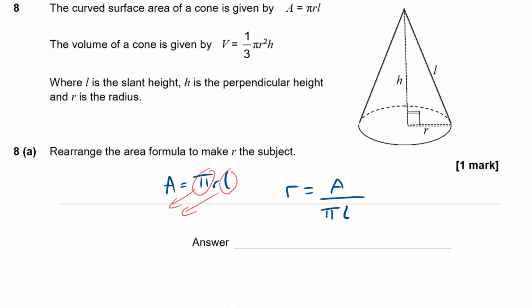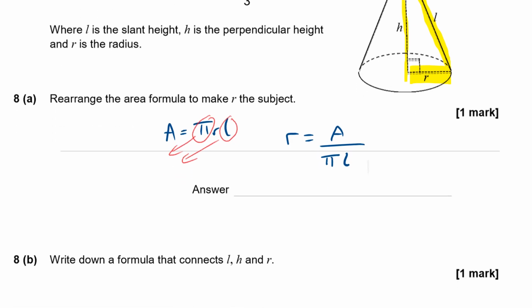Now, looking at my diagram, I can see that L, H, and R are here. Look, they form a right angled triangle in the diagram. So I can write down a formula that connects them, because I know that in Pythagoras' theorem, the longest side of a right angled triangle is equal to the sum of the squares of the other two sides.